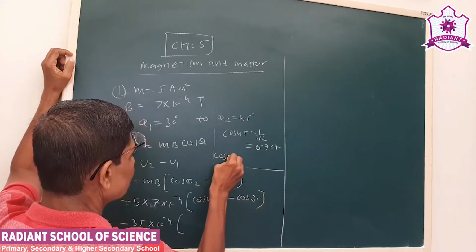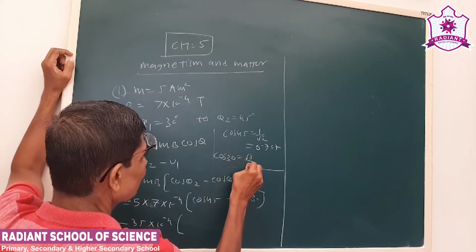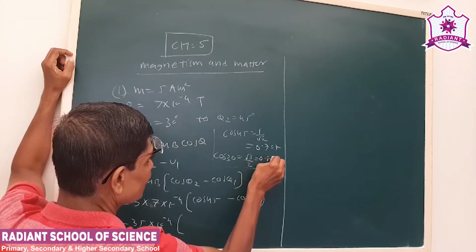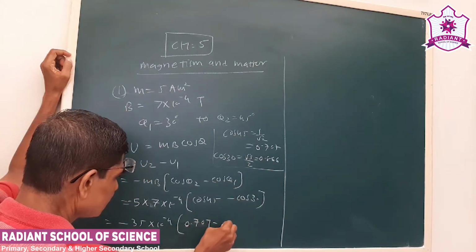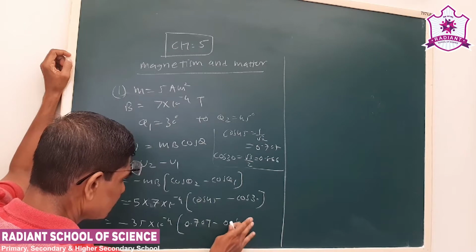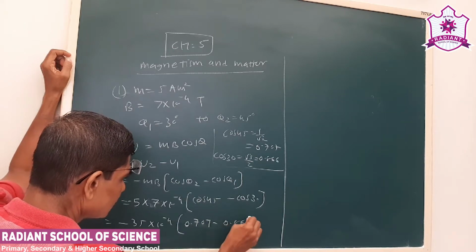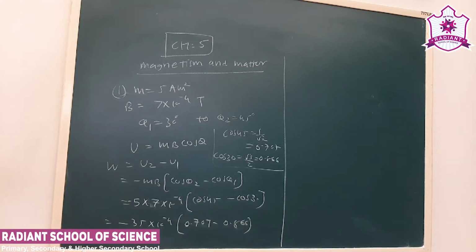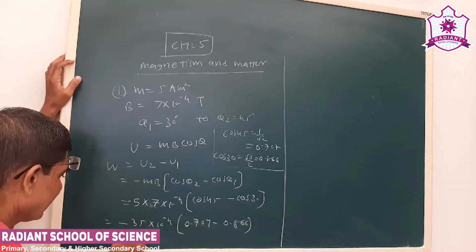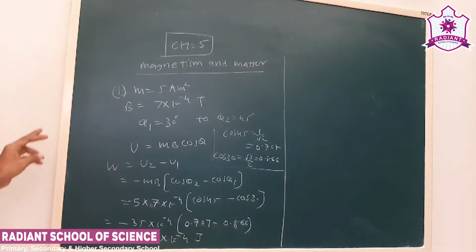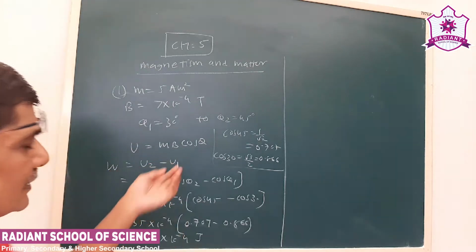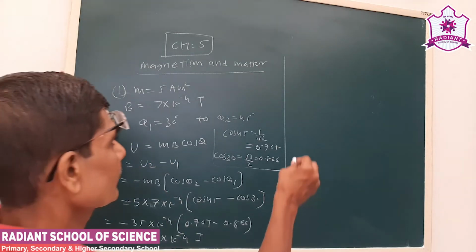Cos 30 is root 3 by 2, 0.866. Now if you solve this, you will get minus 5.5. So here m is given, B is given, theta is given, we can find out.